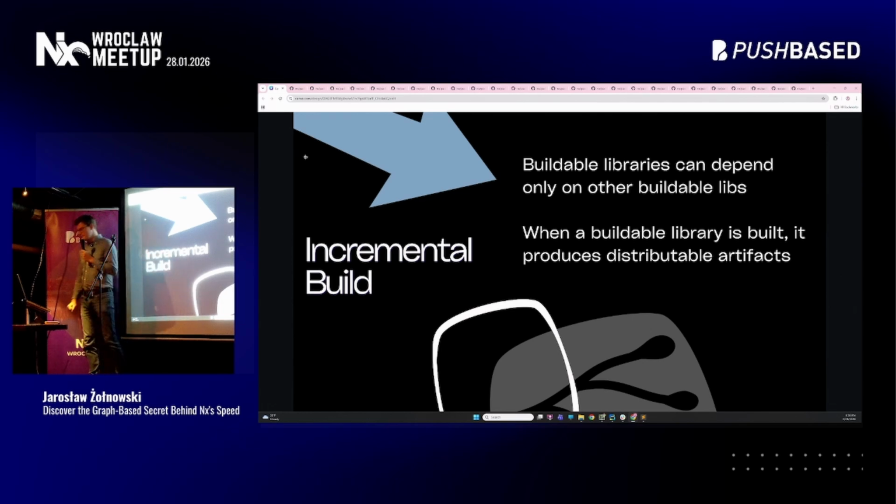What makes some buildable libraries special? Well, it allows this incremental build feature. When we build the library, it produces distributable artifacts that store transpiled TypeScript code, type definitions, maybe sometimes a manifest or the bundle code, and stores these results in the cache.